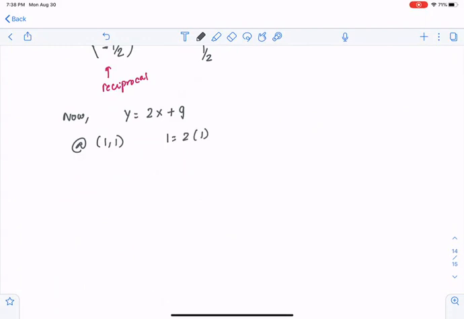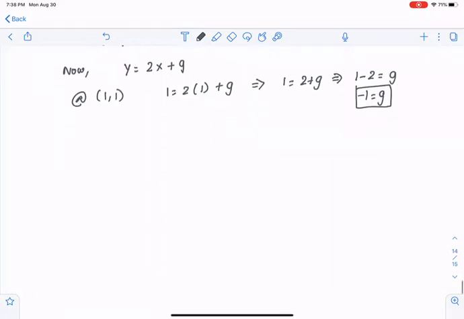So 1 would equal 2 plus g. Let me not skip the step. So 1 equals 2 plus g. Subtract 2 on both sides. 1 minus 2 is equal to g. So minus 1 would equal g.